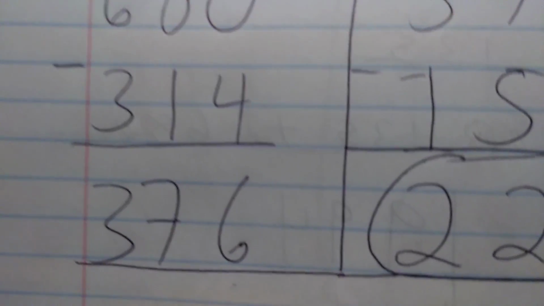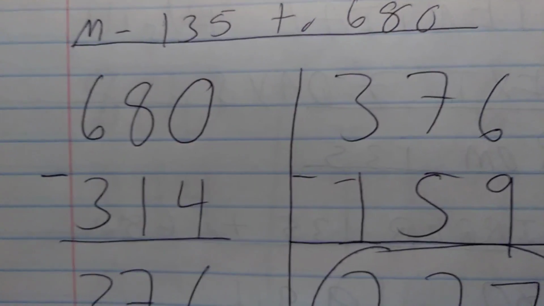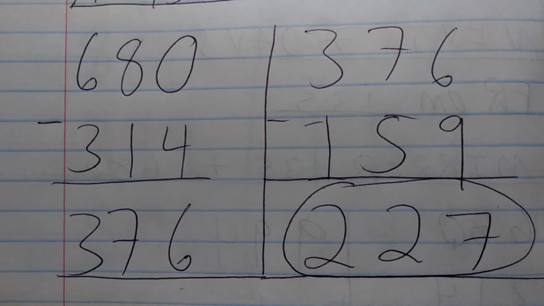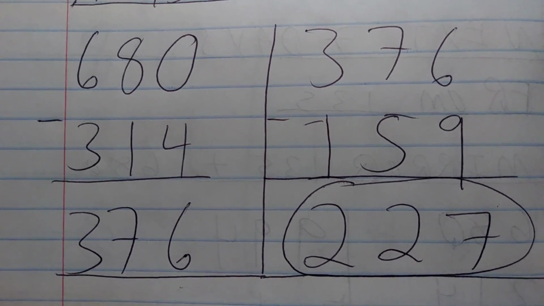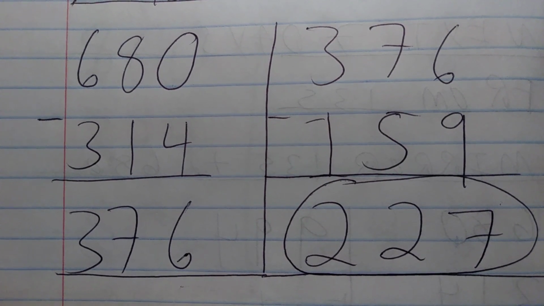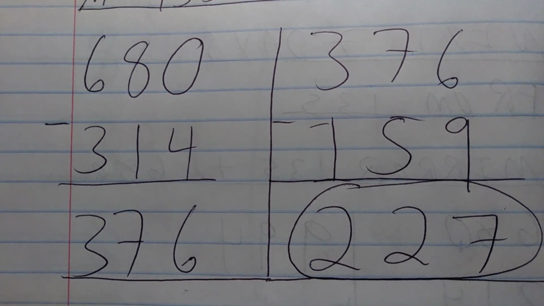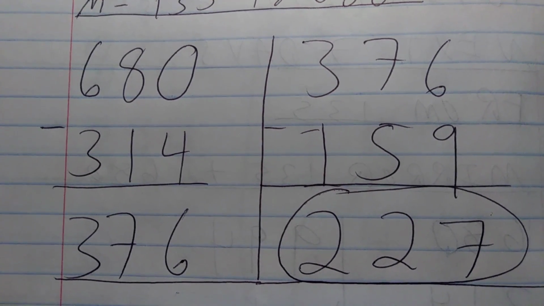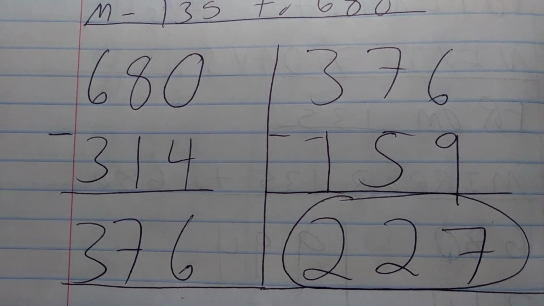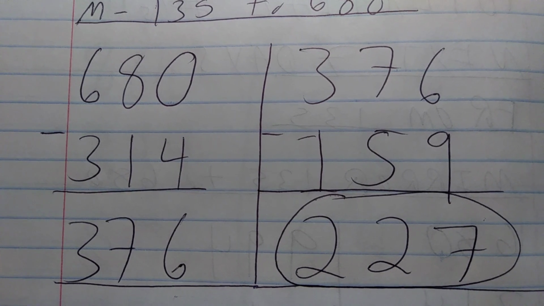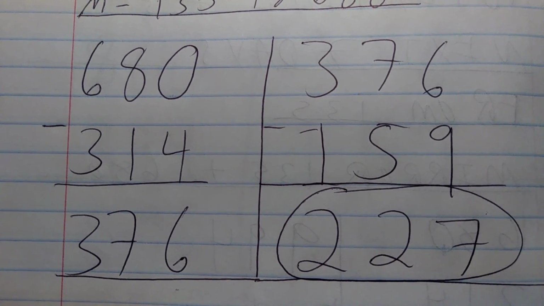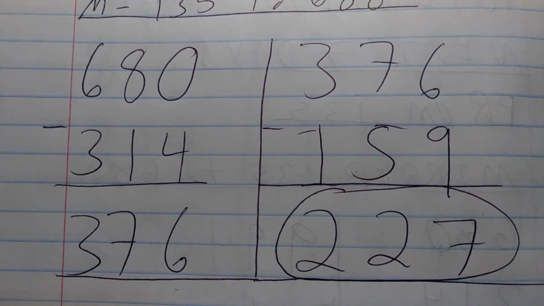You're going to still be mirroring this 135 to 680. And then again, 680 minus 314, so 6 minus 3 is 3. 8 minus 1 is 7, and then 10 minus 4 is 6, so 376. We're going to subtract off the 159, so 3 minus 1 is 2. 7 minus 5 is 2, and then 16 minus 9 is 7, so 227.